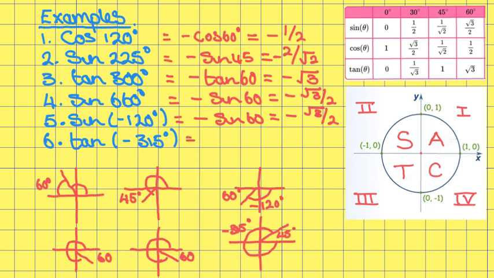So we want tan 45. Now we need to decide whether it's positive or negative. Well, we're in quadrant 1, so everything in there is positive. So it's 45 degrees and it's going to be positive, so it is equal to positive 1.